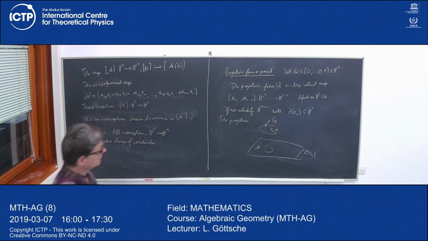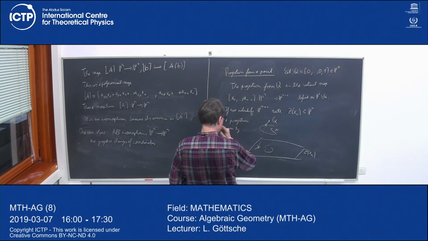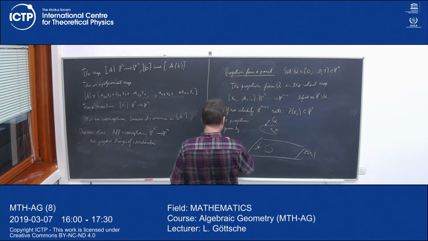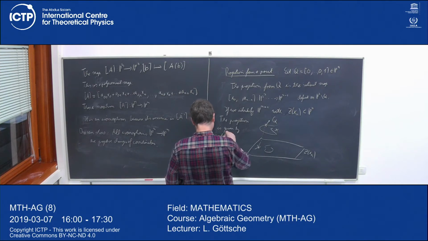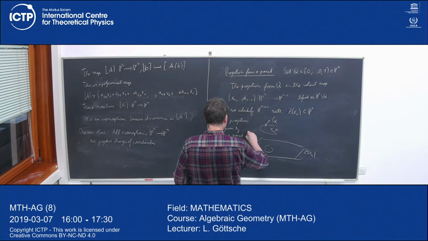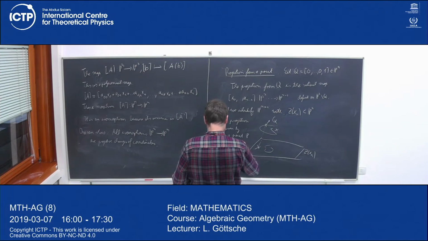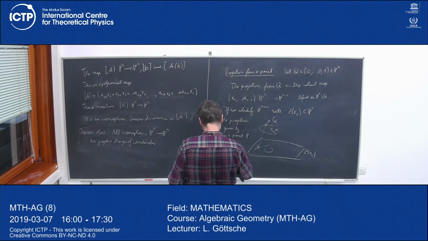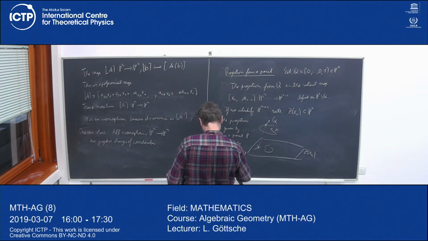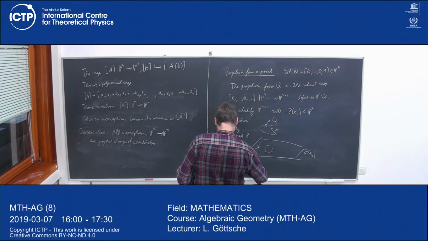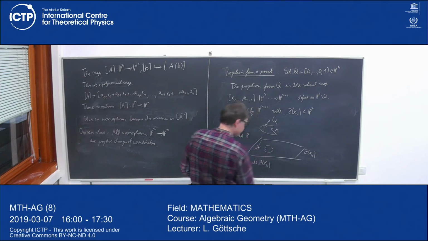Okay, the map is given by sending a point P in P^n without Q to the intersection point of the line PQ with this subspace.